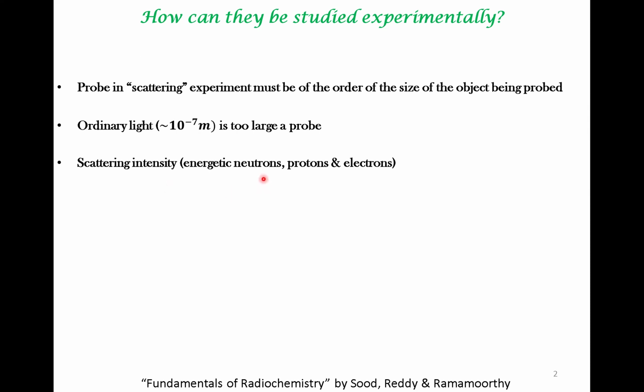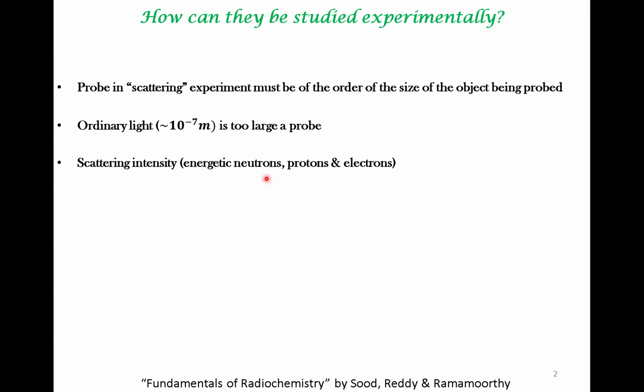You can either use neutron as a probe, or a proton as a probe, or electron as a probe. Rutherford used alpha particles as probe to do the experiment that resulted in the discovery of nucleus. These are three common probes that can be utilized, and they should have enough energies.